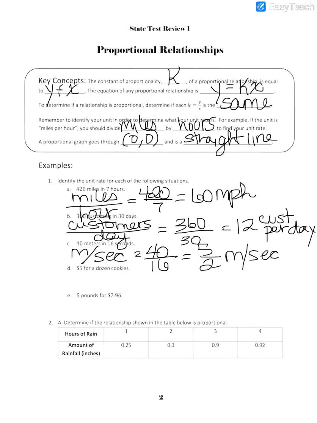Letter D, $5 for a dozen cookies. Okay, so we want dollars per cookie. So that would be 5 over 12. Okay, let's see what that would be. That's 42 cents per cookie.